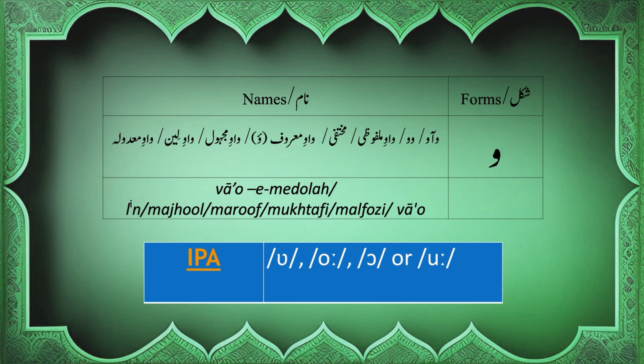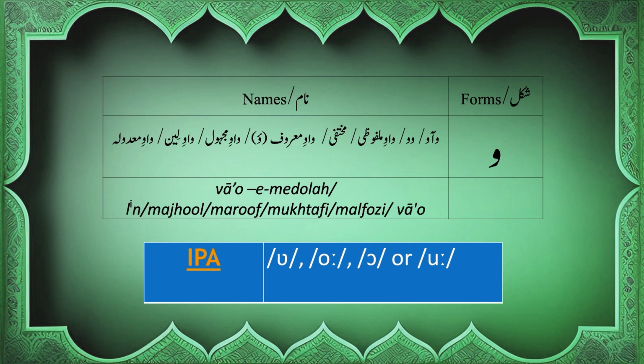Also some call it or name it or read it. And third is vav malfuzi, vav mukhtafi, vav maroof, vav majhool, vav leen, vav madula. These are different names of vav, and these have their functions.